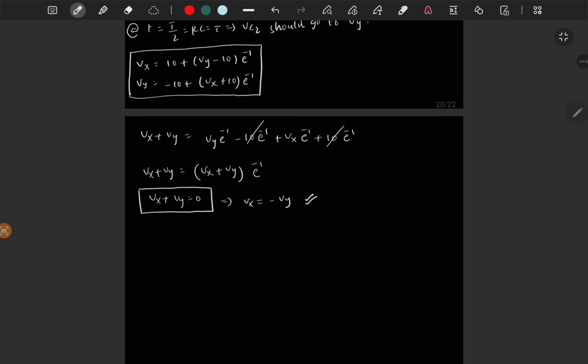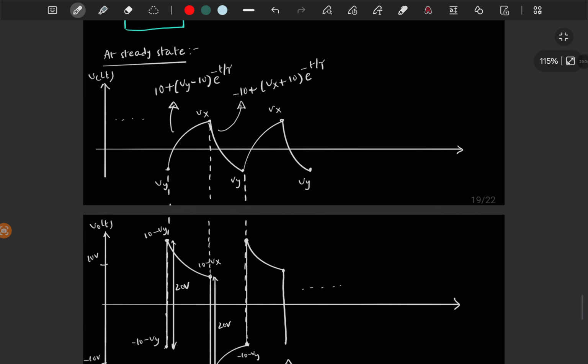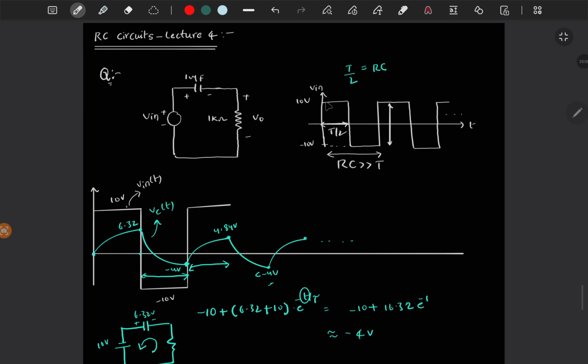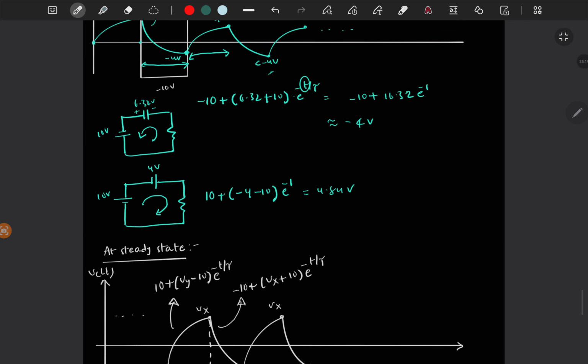So from the math we are good. We got Vx is equal to minus Vy. But even before that, if you look at the circuit, the input voltage is changing from plus 10 volt to minus 10 volt, which is a symmetrical change, right? So this is expected.